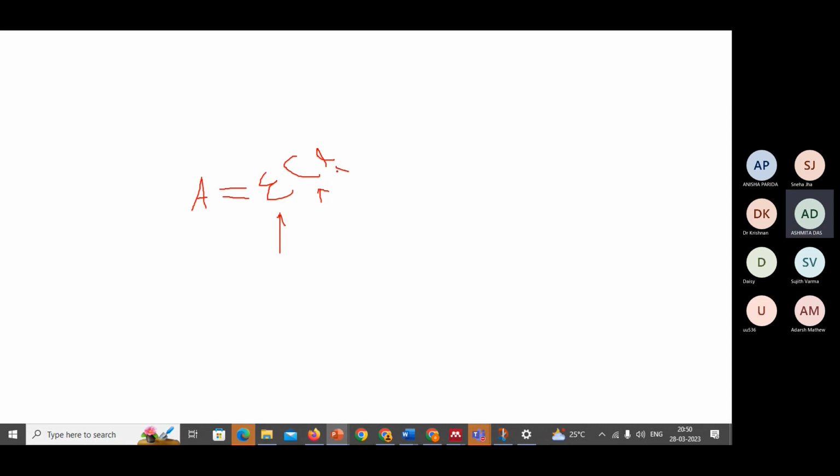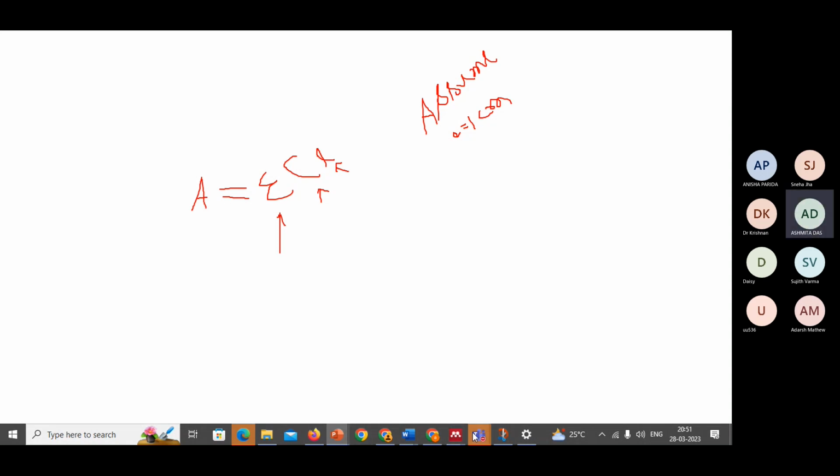As the path length is not given in the question, we assume it as 1 centimeter. Assume L equals 1 centimeter.